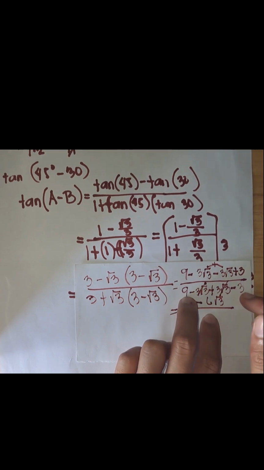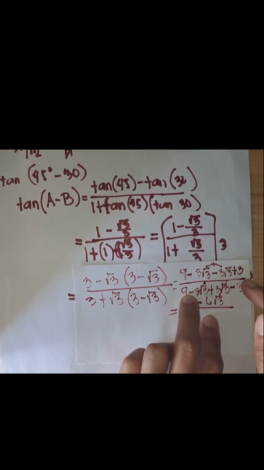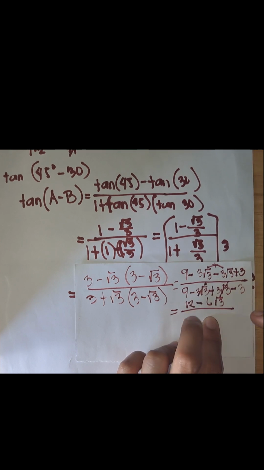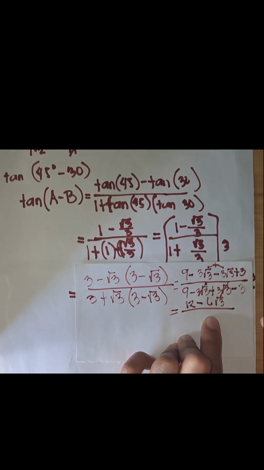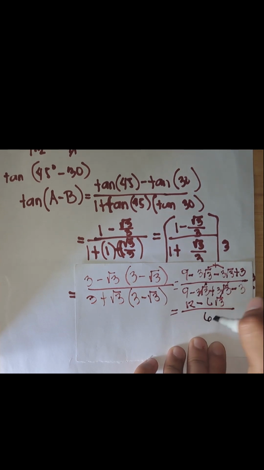Here in the denominator, it is not the same sign. We have a positive and a negative: positive 9 plus negative 3 is 6.